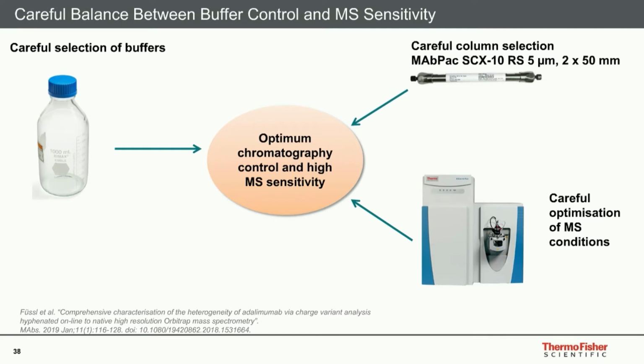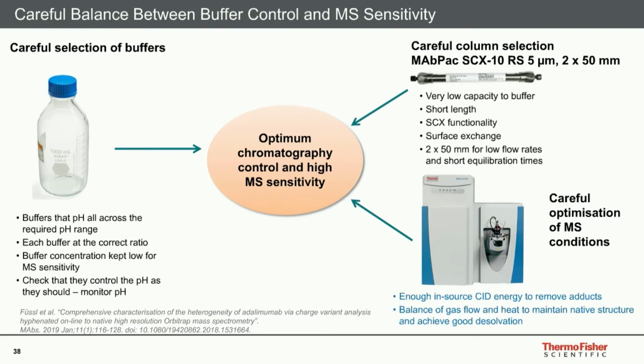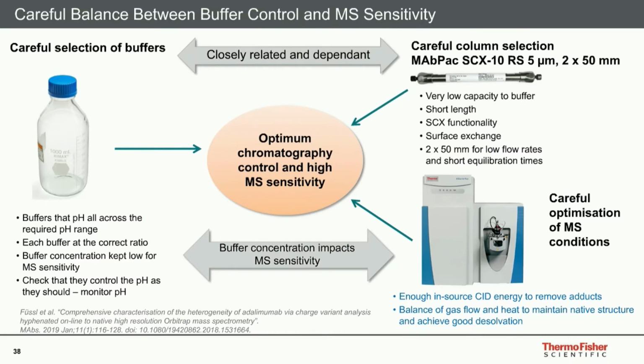Because, as I said, the buffers are critical, and the buffers that I would like to present here, the data with, are all volatile buffers, and it's important that the pH covers a certain pH range to ensure proper elution. That very much goes hand in hand with the column and the entire system, the buffer and the MS. They also need to be correlated because, as I said, salt gradients are more critical when it comes to MS detection. So all these components need to be seen rather as an entire system and need to be adapted in a way that everything works well together.